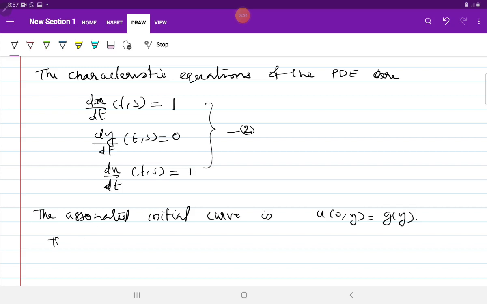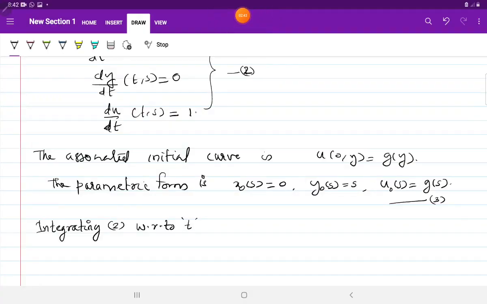Therefore the parametric form is: x_0(s) equal to 0. The y coordinate we take as the variable s, so y_0(s) equal to s. In terms of y_0, we have u equal to g(y), so u_0(s) is equal to g(s). Put it as equation number 3.